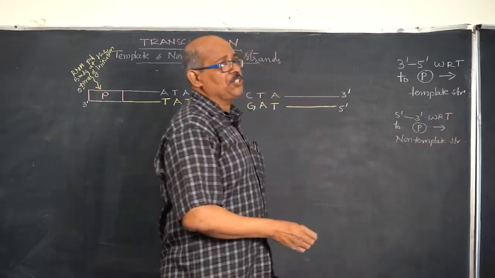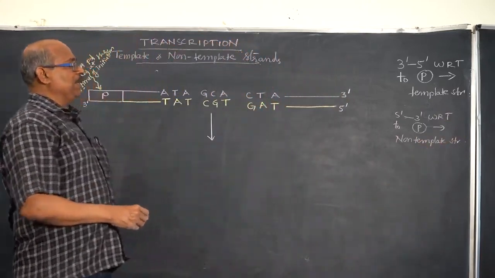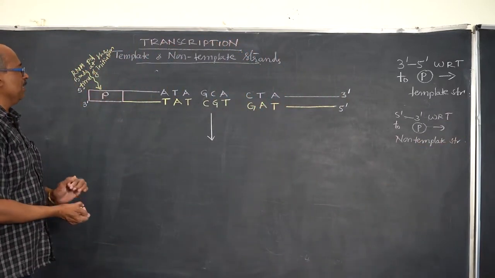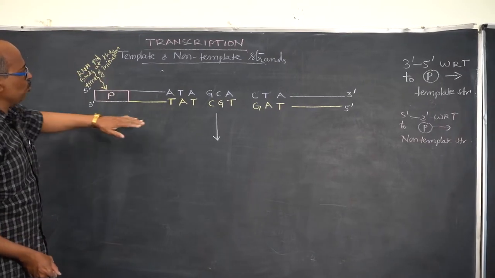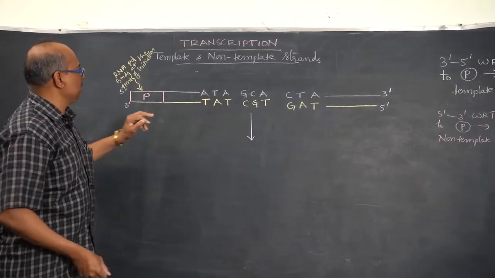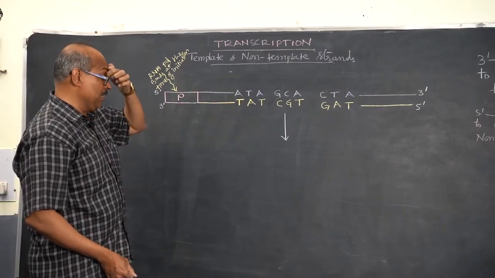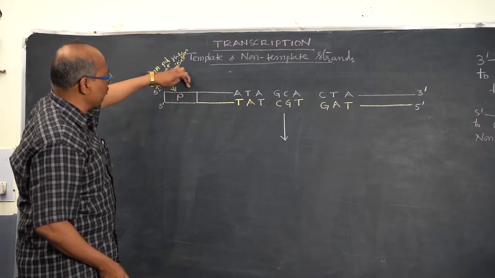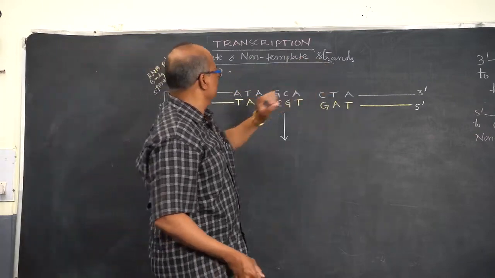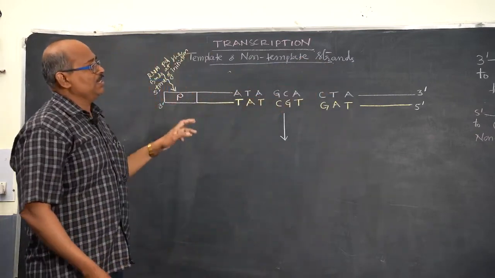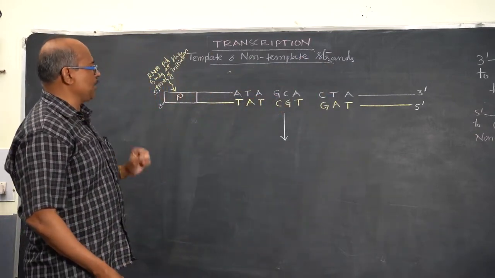So that's a conventional way of defining template strand and non-template strand. So the DNA strand which is oriented 3' to 5' with respect to the promoter is the template strand. The DNA strand which is oriented 5' to 3' with respect to the promoter is the non-template strand.